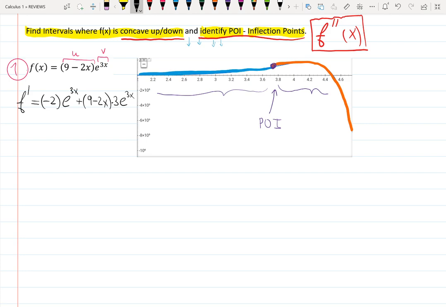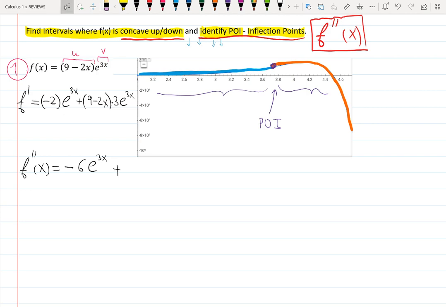And now from this I will find the second derivative. That one will need more space, so I will go down over here. Now, -2 e to the 3x, when you differentiate that, becomes -6 e to the 3x. It will be very helpful if you pause the video and try to find the second derivative by yourself right now, and then run the video again to compare the results.